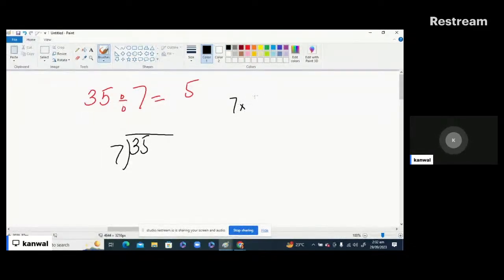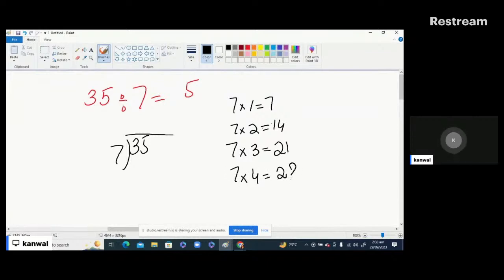Now 7 times 1 is 7. 7 times 2 is 14. 7 times 3, that is 21. 7 times 4 is 28. And 7 times 5 is 35.